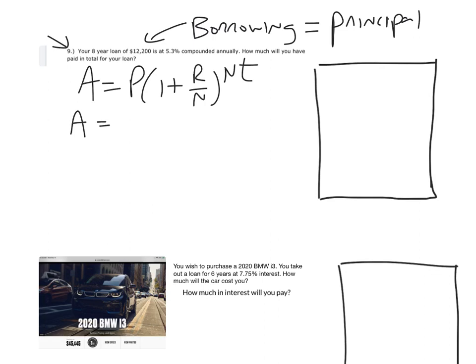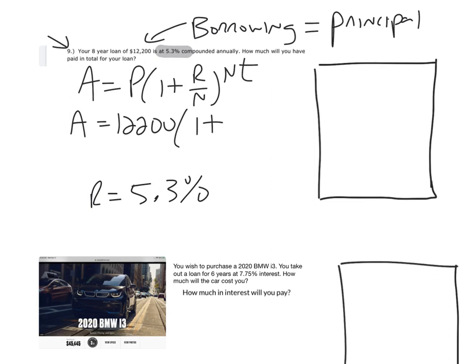So our principal is going to be $12,200. Here the interest rate is 5.3%. So since R is 5.3, we're going to move the decimal point 2 places to the left. So it's going to be 0.053.